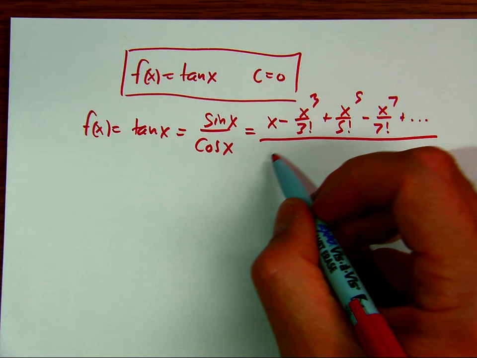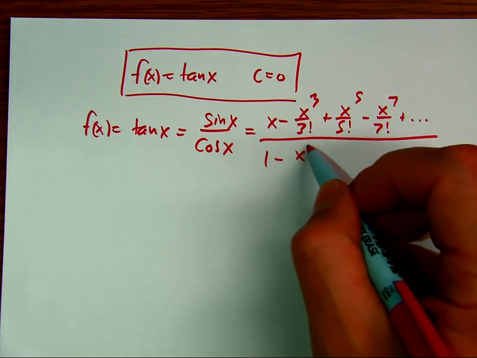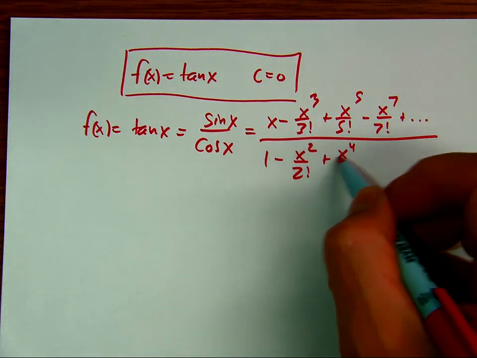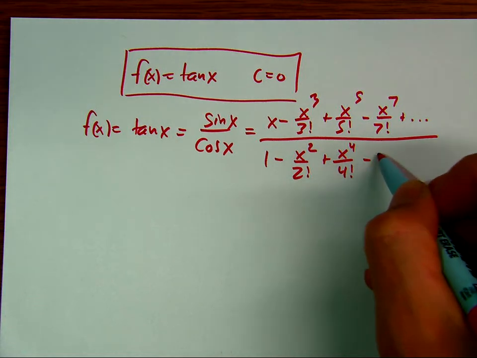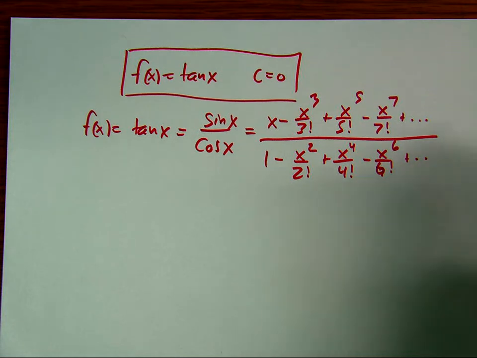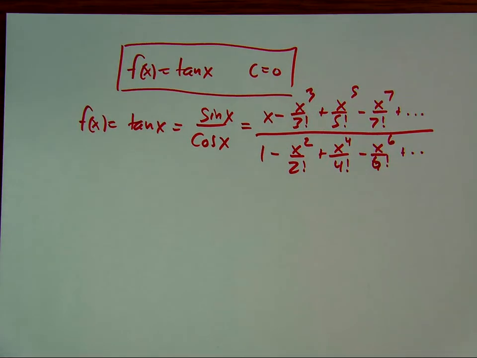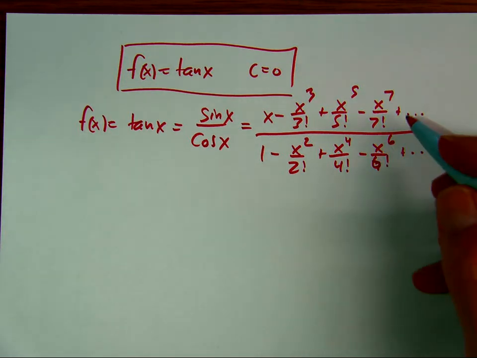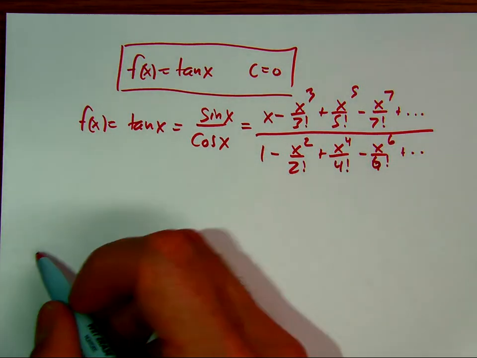Cosine is 1 minus x squared over 2 factorial. Then we have to do long division with this. So we can write this first.